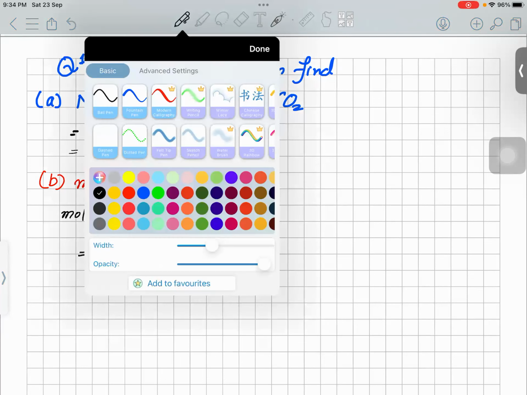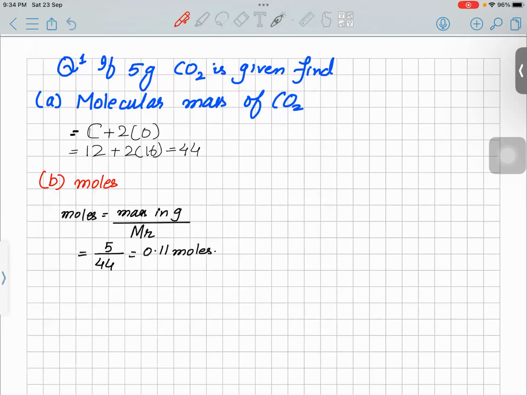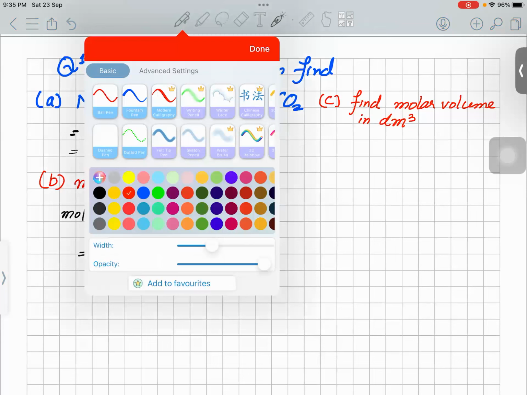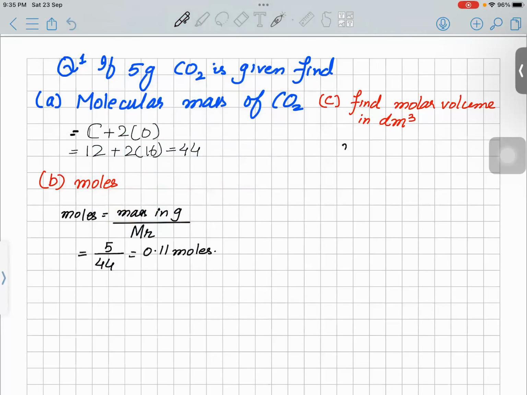Now C part. Find molar volume in dm cube. Can you tell me the formula of molar volume?